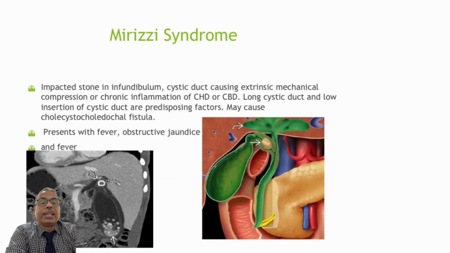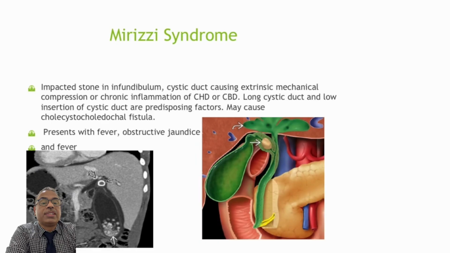Now, a word about what exactly is Mirizzi syndrome, which we have seen is one of the important causes of obstructive jaundice. Here, a large stone gets impacted in the infundibulum or in the cystic duct or also in the common hepatic duct or common bile duct.